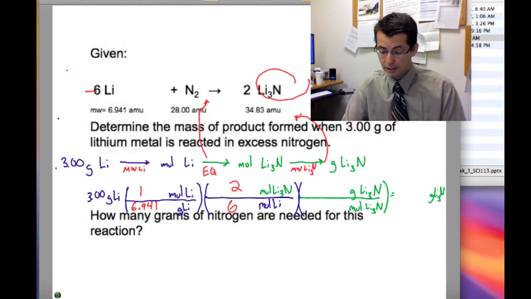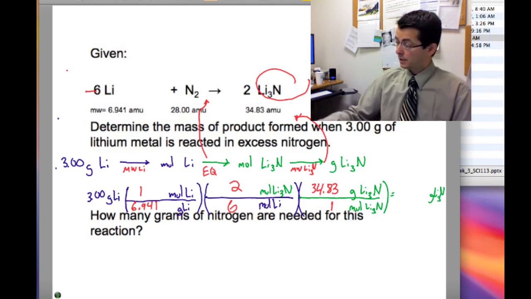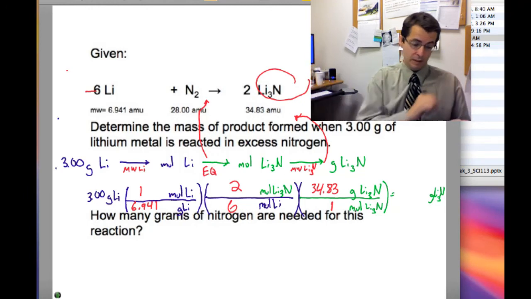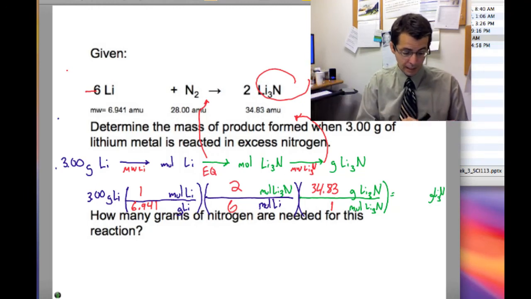And then going back to our definition of molecular weight, 1 mole of lithium nitride is equal to 34.83 grams of lithium nitride. Plug that all into our calculator, multiply everything by the top, divide everything by the bottom, and you're golden.